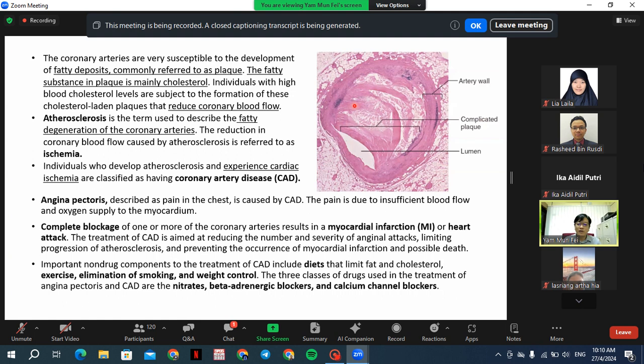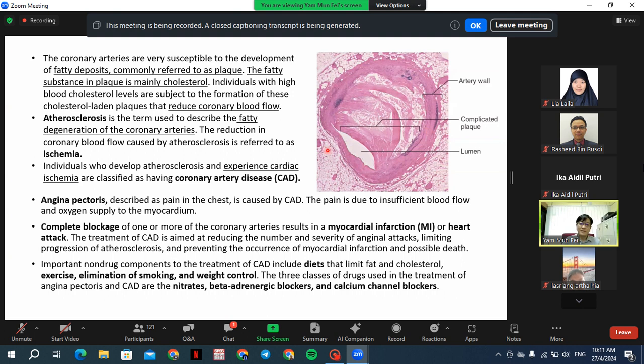Supposedly the lumen occupies the main part of this location. Unfortunately, this artery has undergone atherosclerosis, and the major part of the lumen is occupied by plaque. So only a small portion allows your blood to flow. That's why when your coronary artery is in this condition, you tend to have a heart attack.